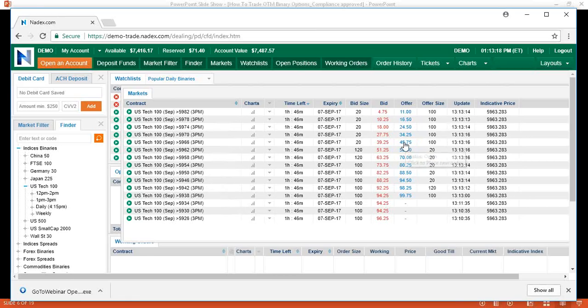Let's say I bought this one, okay? And so if I bought this one, and the market went up 4 points from where it is right now, where do you think this binary approximately would be valued at?